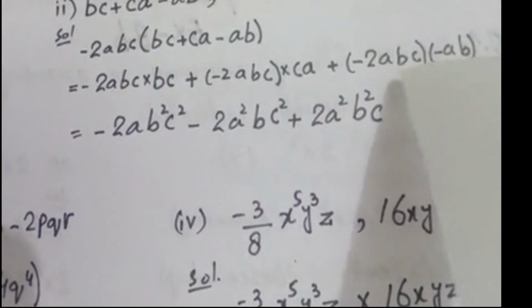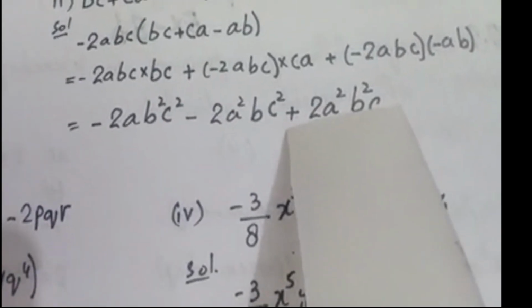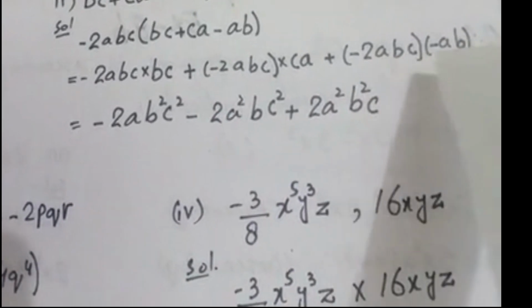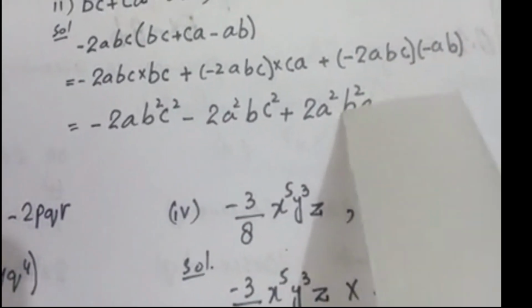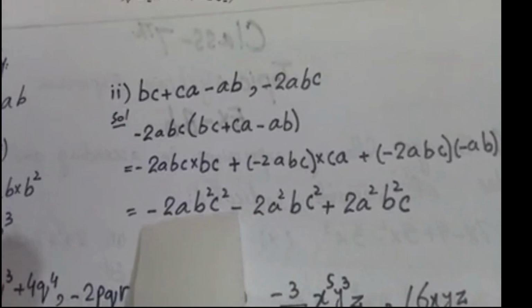Plus: minus minus will become plus, so the sign will be positive here, 2 as it is, A into A square, B into B, B square, and C is the only single term. So this is the required answer of this question.